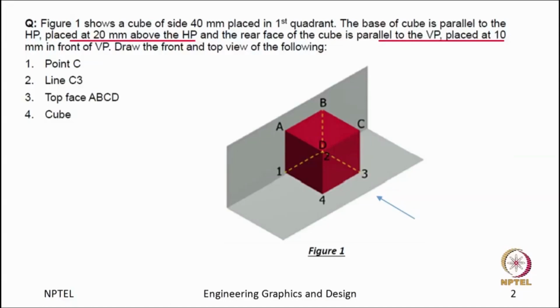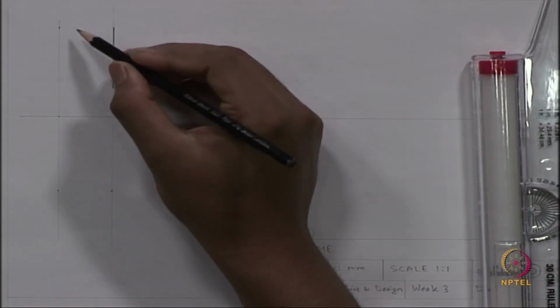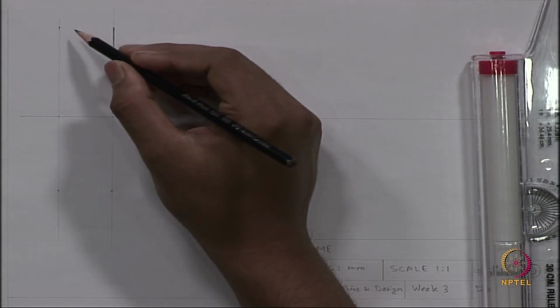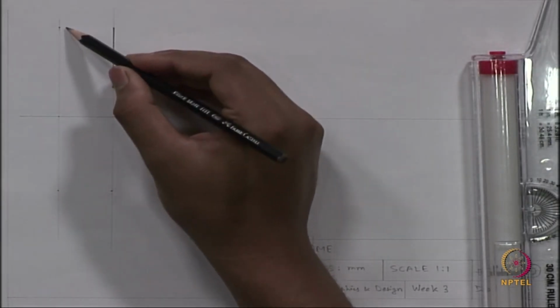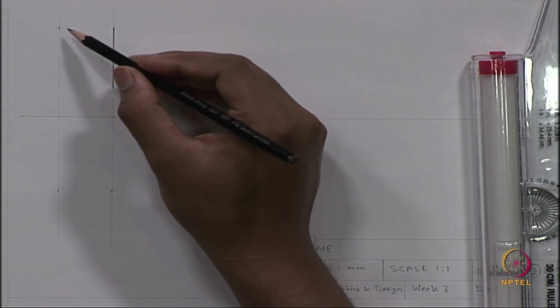Another important thing we have to take care of is the notation. We have already drawn, but we have to mark those points. This is the front view of point capital C. While marking, we have to follow some notation.